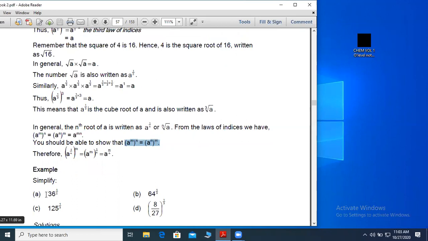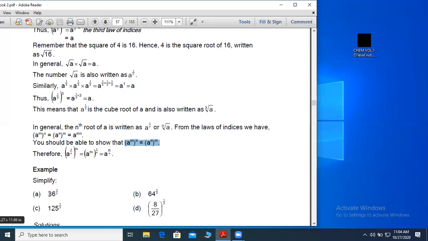So let us look at this simple work. 36 to power a half. We have agreed that 36 to power a half is the same as square root of 36. I want to give you two options of doing this. You can say 36 to power a half is square root of 36, or you express 36 as a product of its multiples, which is 6 times 6, which is 6 squared.